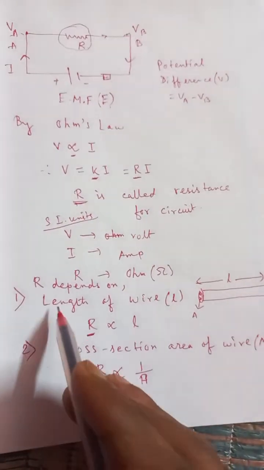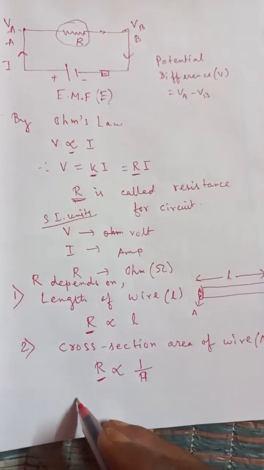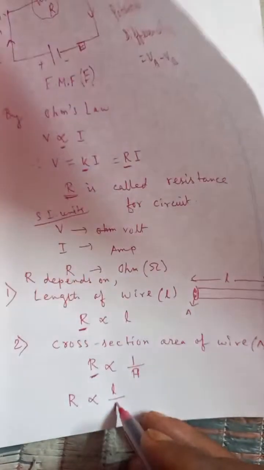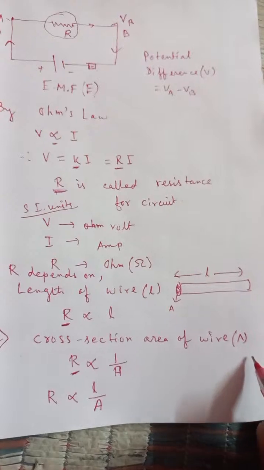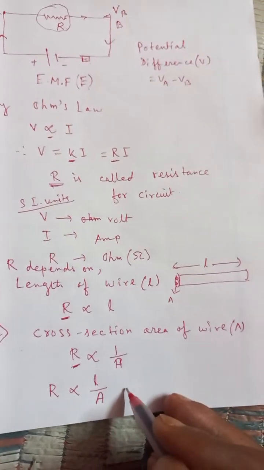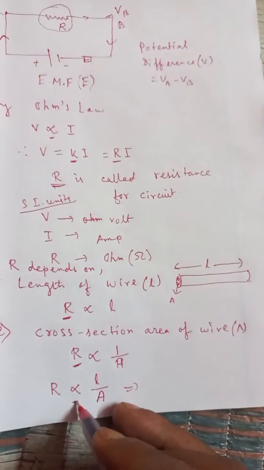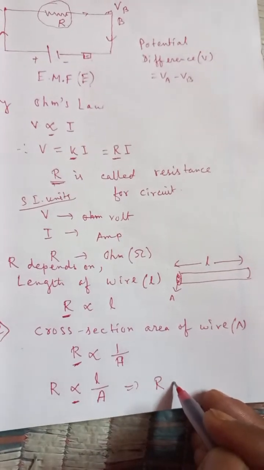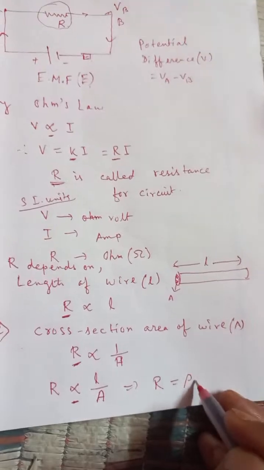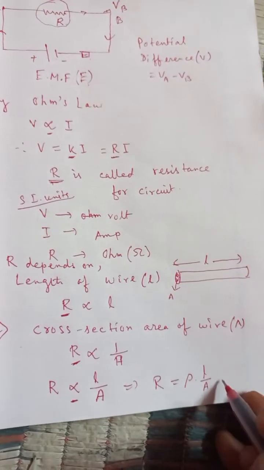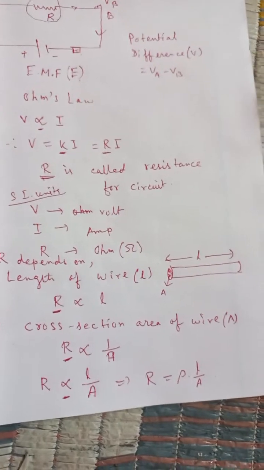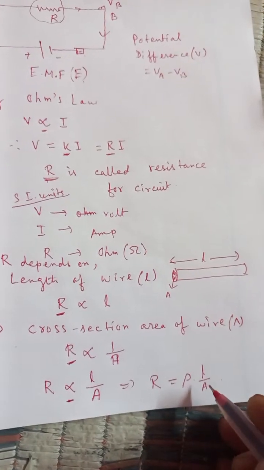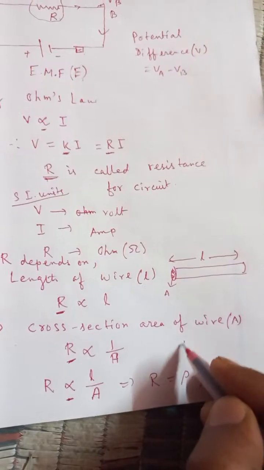So if we take these together, we will have R directly proportional to L by A. And if we wish to remove this proportionality, then we will have a constant which we can write down: R is equal to rho multiplied by L by A. So from this we can calculate rho also.